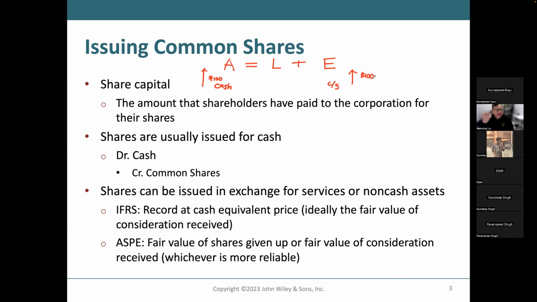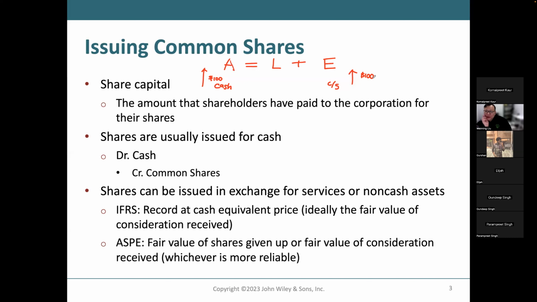Which balance has increased by $100? Correct, the equity. Particularly, the common shares increased by $100.